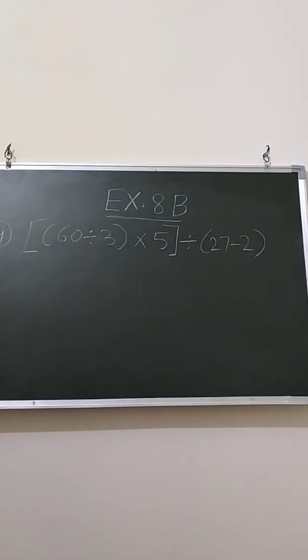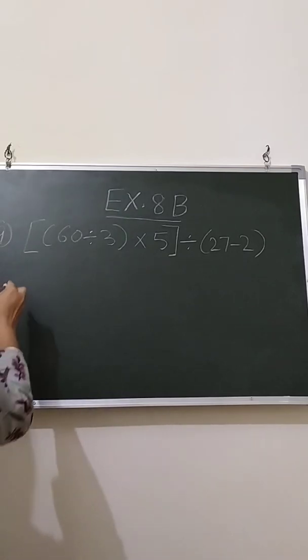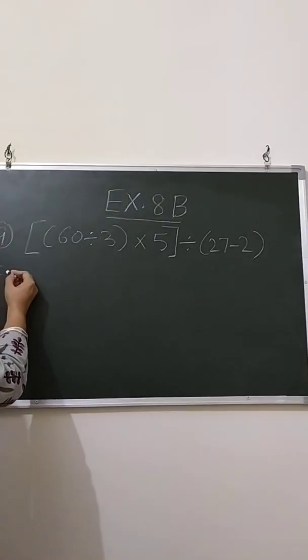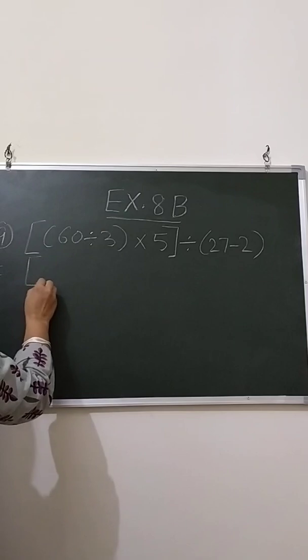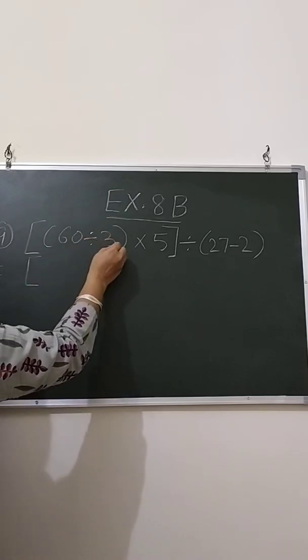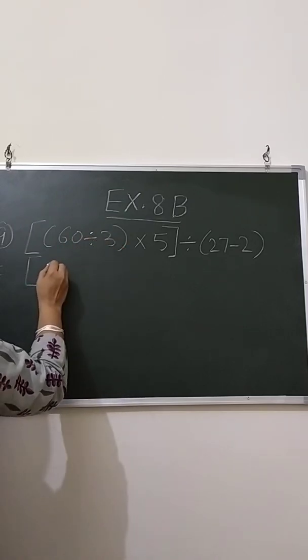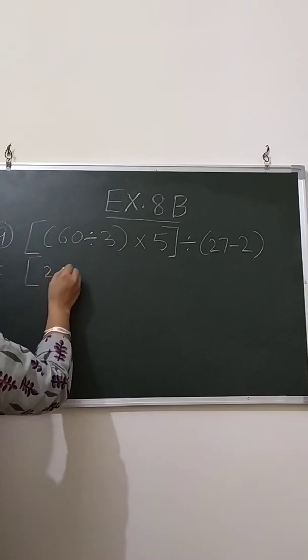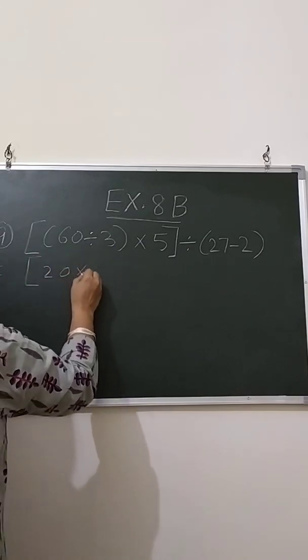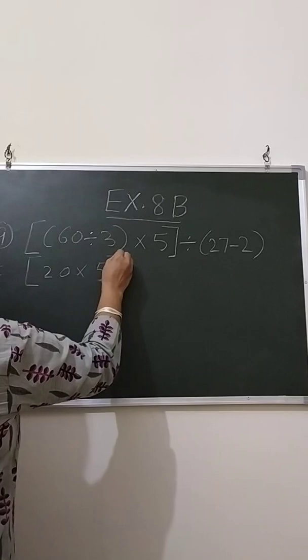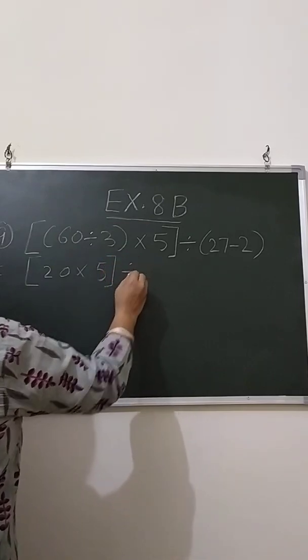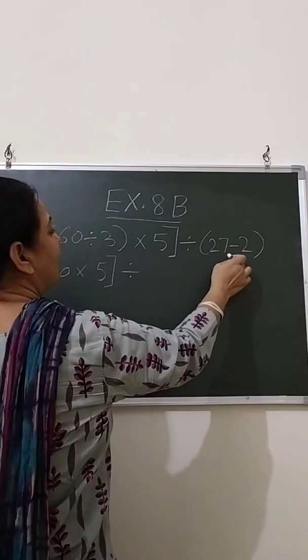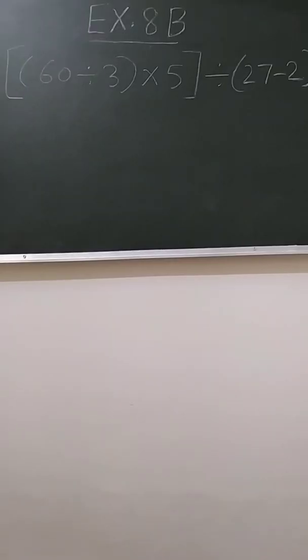Look here. Now first of all we have to solve the inside bracket. So 60 divided by 3, if we divide 60 by 3 we get 20, because 3 20s are 60. Multiply 5, divided by 27 minus 2.